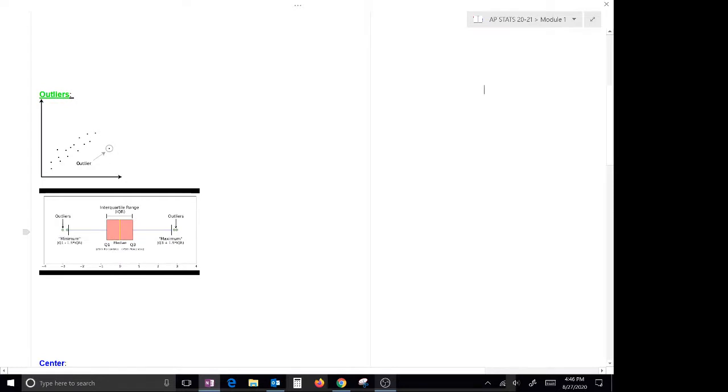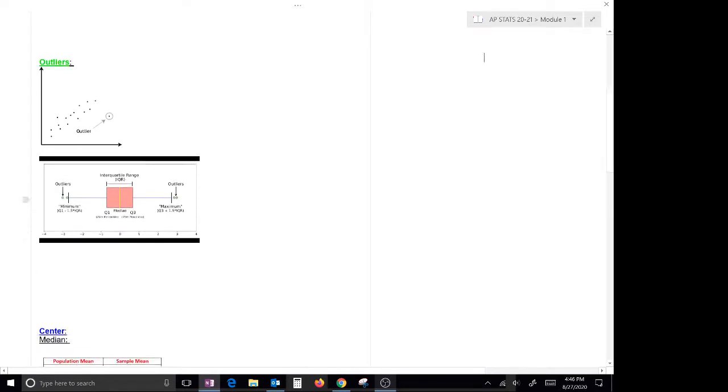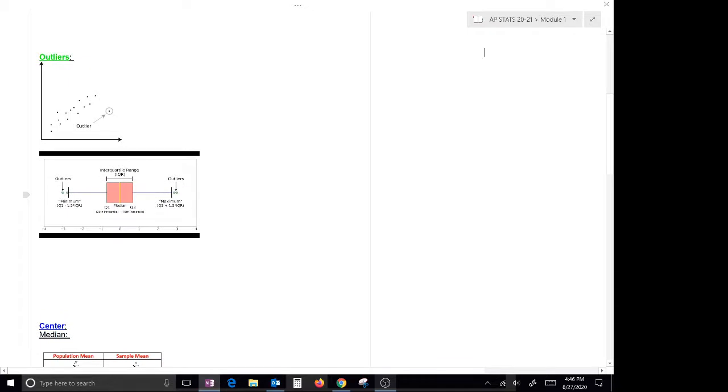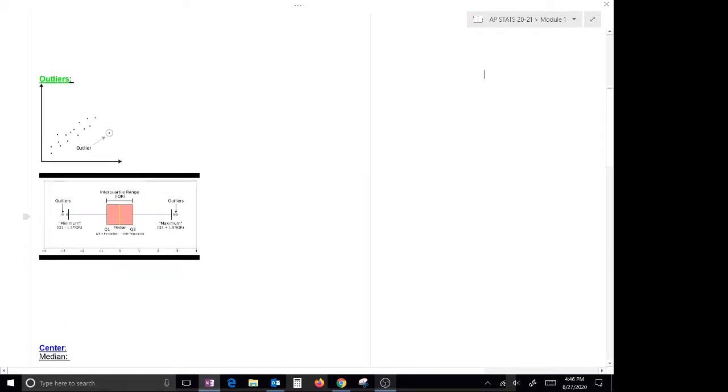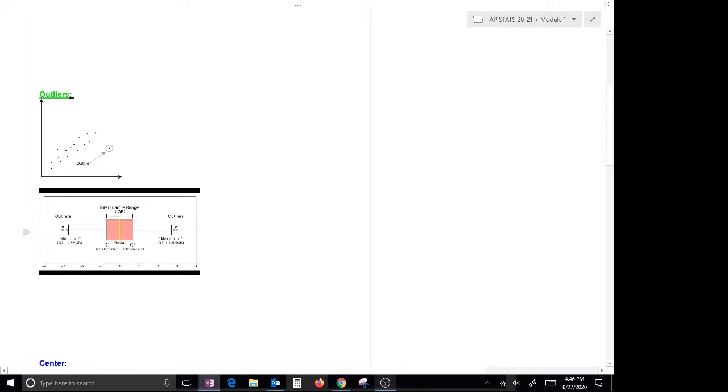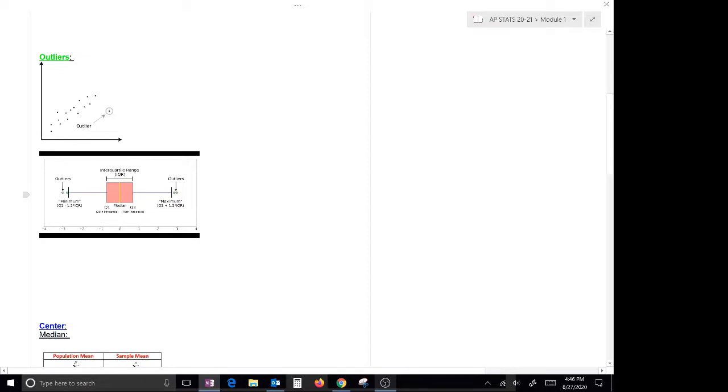A way to measure that is to look at the interquartile range, and I'll explain that later. Really, it's if we're past 1.5 times the interquartile range.